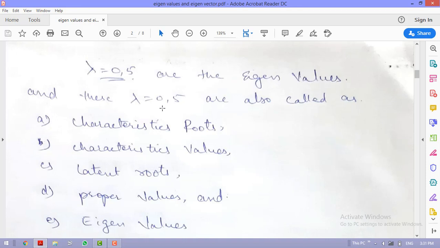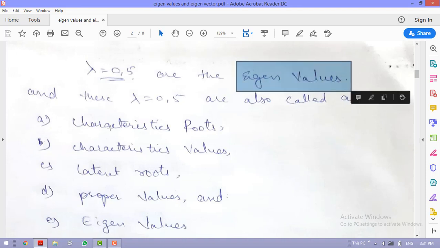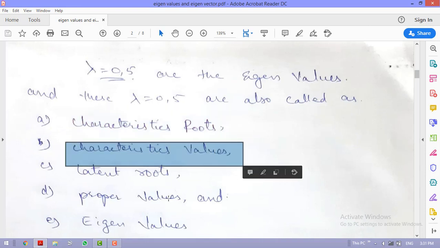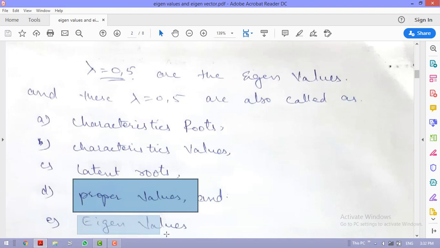These lambda values 0 and 5 can also be called characteristic roots, characteristic values, latent roots, proper values, and finally eigenvalues.